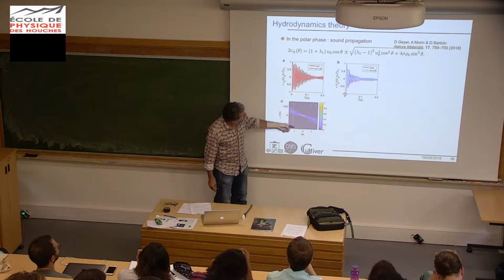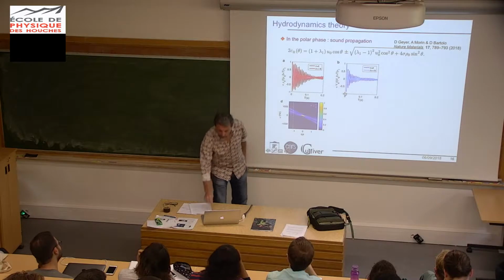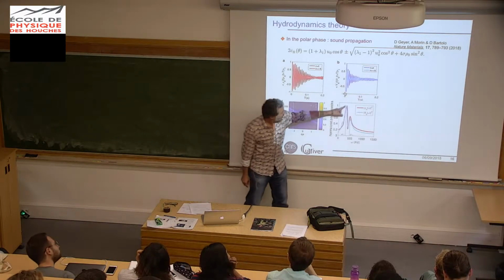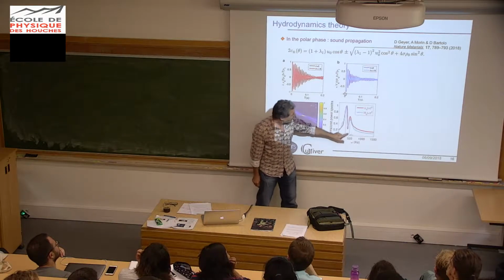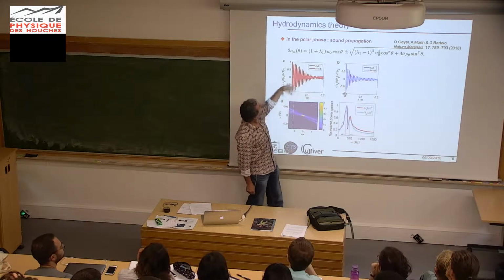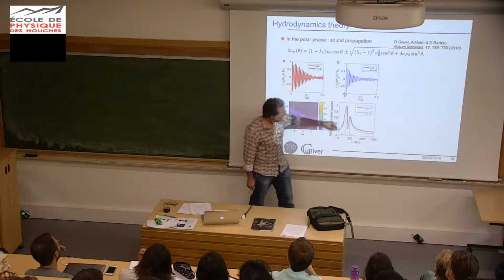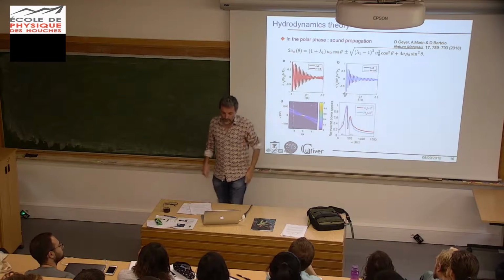If we make a cut here, so for a given amplitude of the q vector, this graph resembles this. You see the two peaks, which correspond to these two branches. You can see omega plus and omega minus, which are the two solutions with slope c plus and c minus, and the delta omega tells you something about the dissipation.